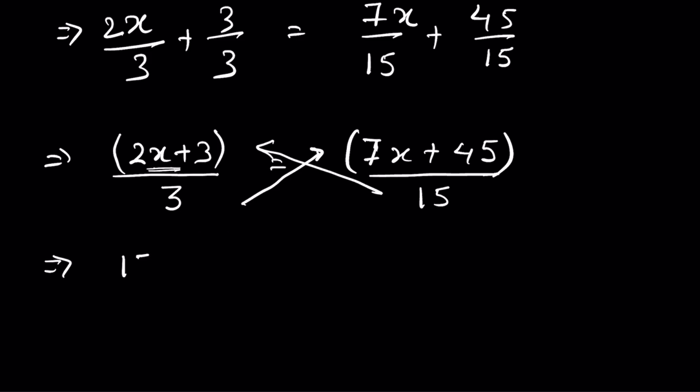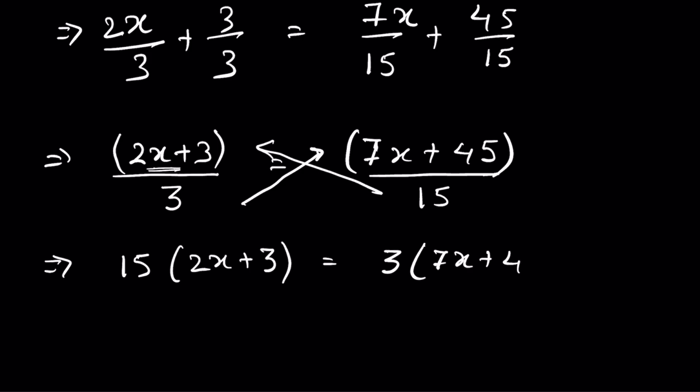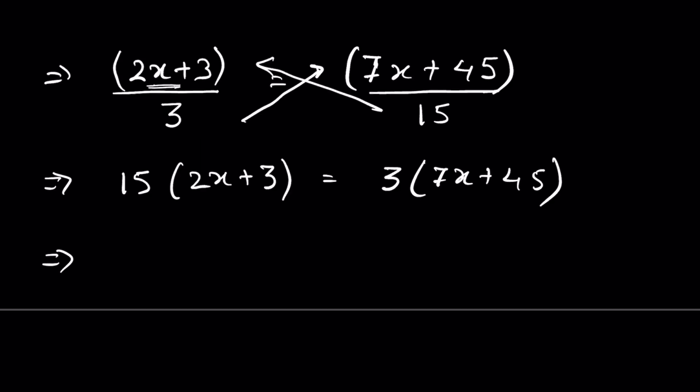So 15 multiplied to 2x plus 3, we are cross multiplying, is equal to 3 multiplied to 7x plus 45. Done. Or 15 times 2 is 30x plus 15 times 3 is 45. Distributive property, 15 is multiplied to 2x and 3. This side also 21x plus 135.